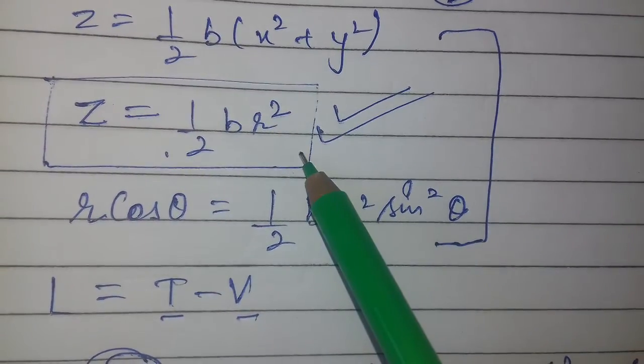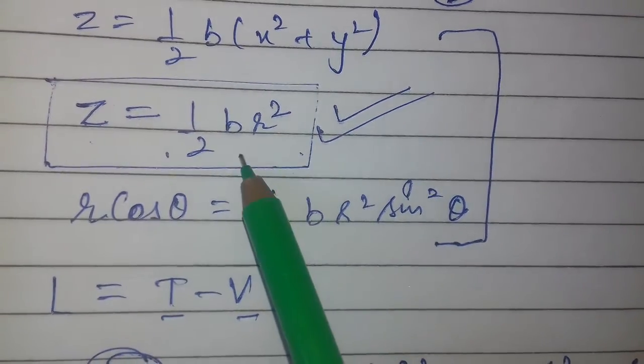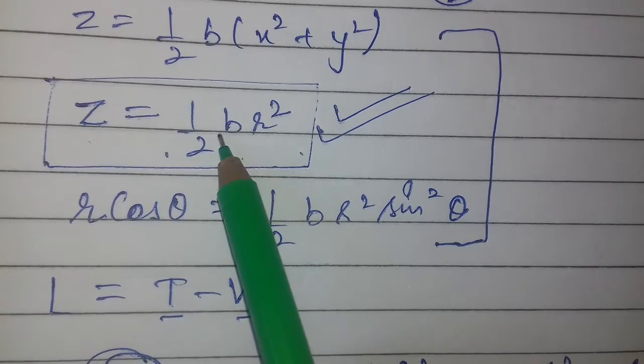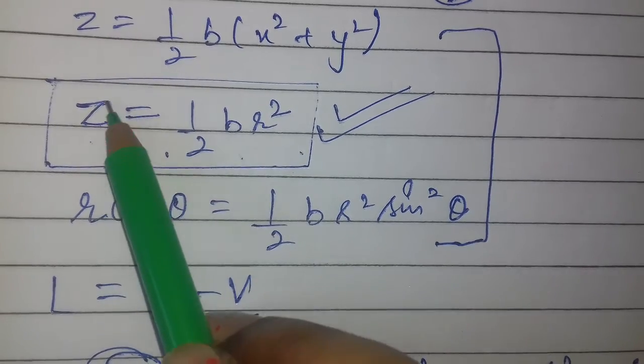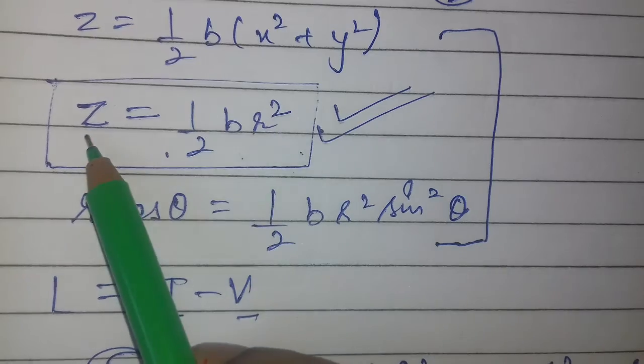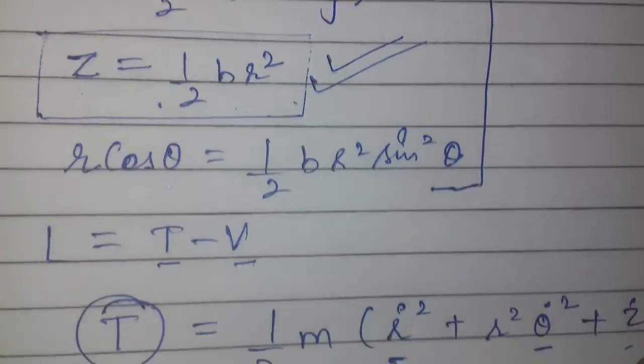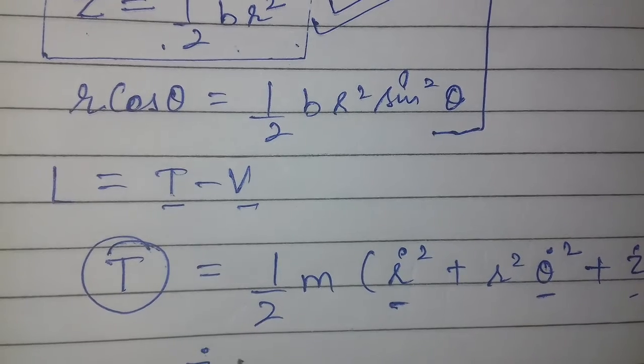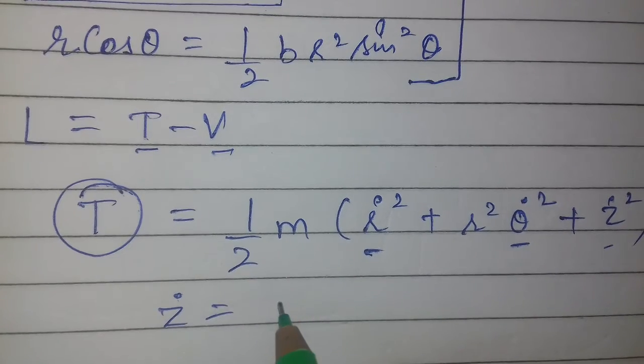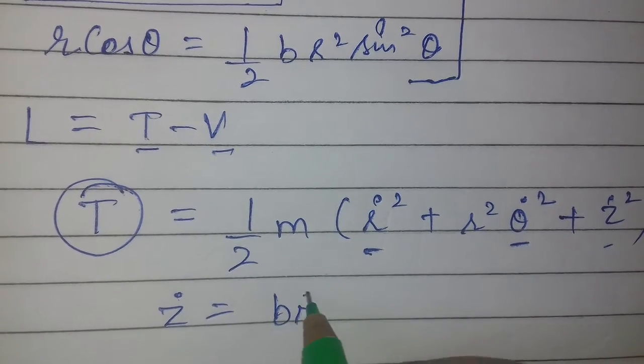To reduce the degrees of freedom or the generalized coordinates, you will always use your equation of constraint. So the relation of z with r is z equals half b r square. So you can put half b r square instead of z. Similarly, instead of z dot, you can substitute from here. So you will find z dot. What will z dot come to? z dot will be b r dot.